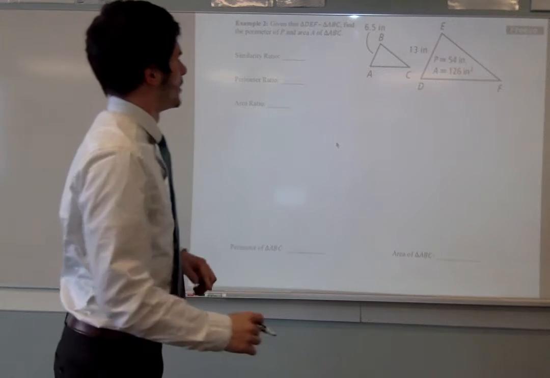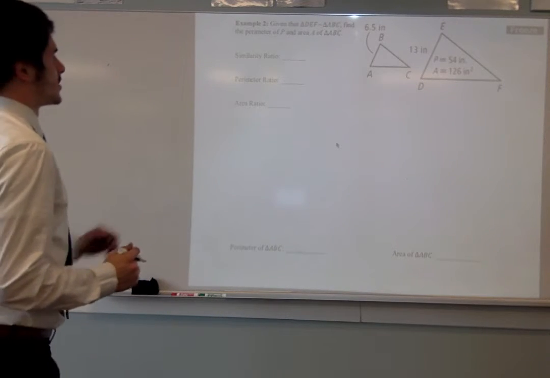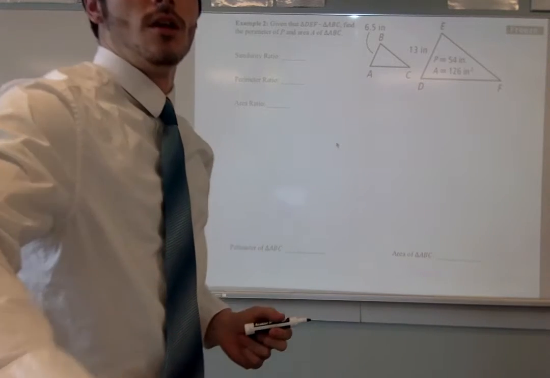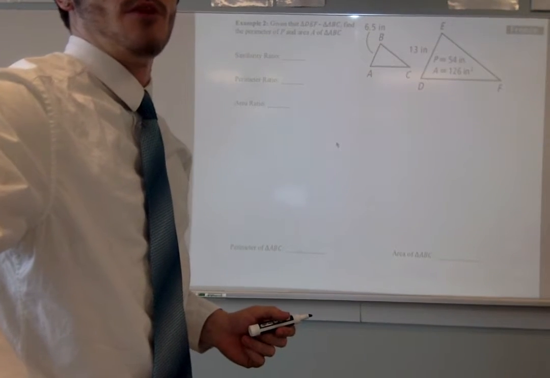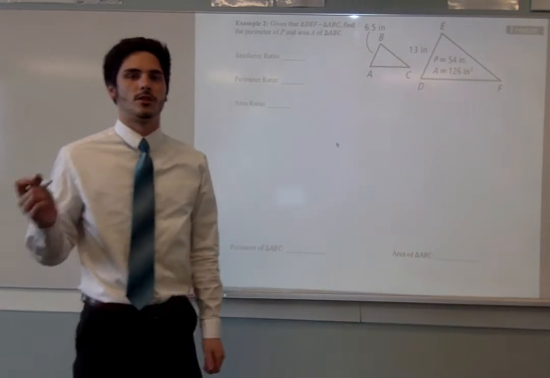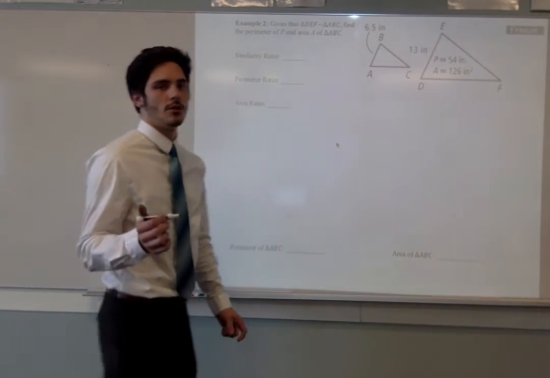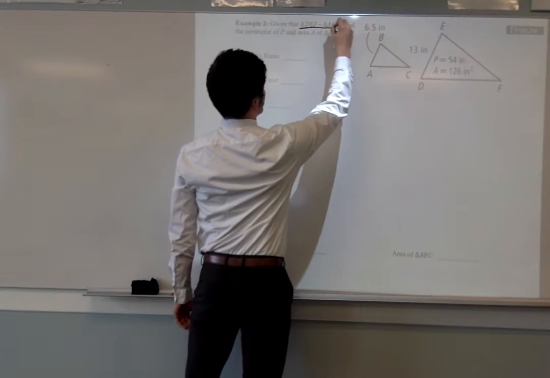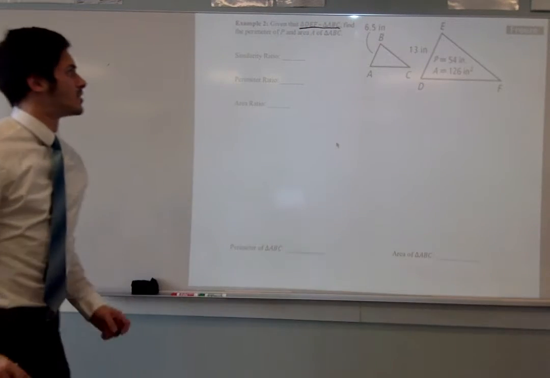So very similarly here, we are tasked with finding the similarity ratio, the perimeter ratio, and the area ratio. But this time we aren't given every measurement for the triangles. But like I said, to find the similarity ratio, we're given that DEF is similar to ABC.